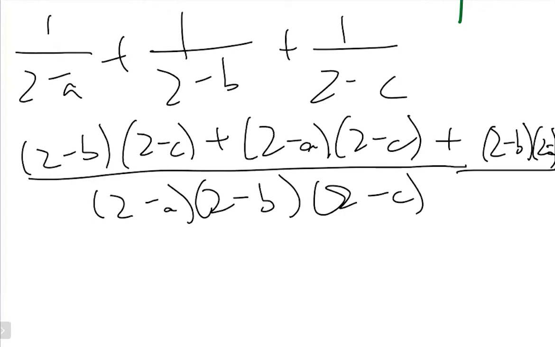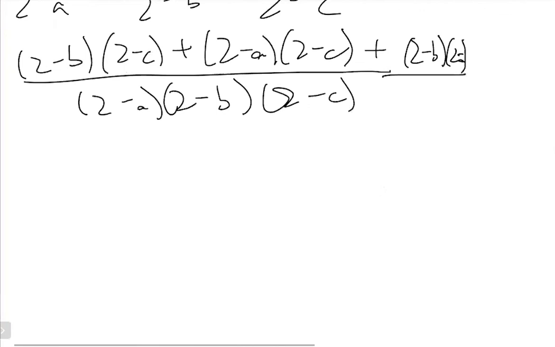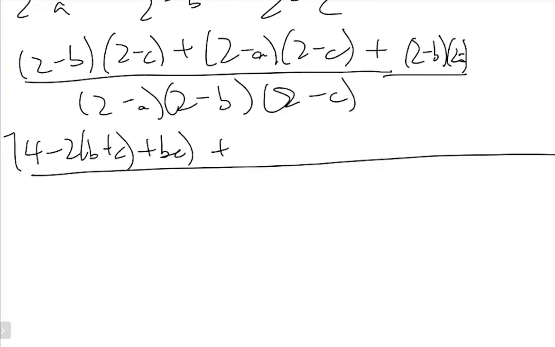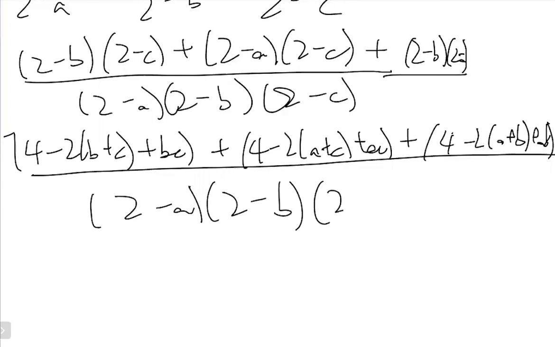And then from this expression, we get that this is equal to 4 minus 2b plus c plus bc plus 4 minus 2a plus c plus ac plus 4 minus 2a plus b plus ab, all over 2 minus a, 2 minus b, and 2 minus c. I apologize for my bad handwriting. I'm using a stylus, but it's not very effective.